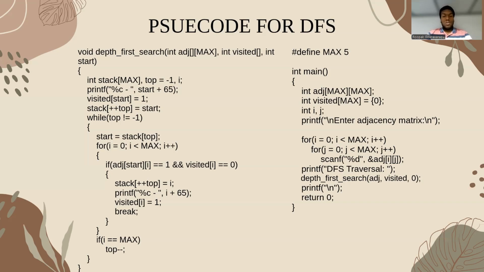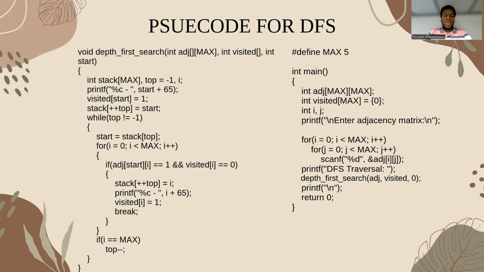Inside the loop, we write start = stack[top], which reads the top element of the stack without removing it. Then for i = 0, i < max, i++ checks all possible nodes. If the condition adjacency[start][i] == 1 and visited[i] == 0 is true, that means we found an unvisited connected node.